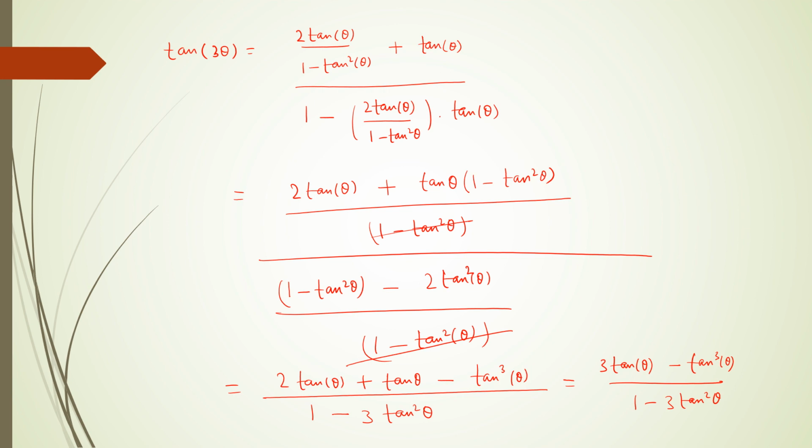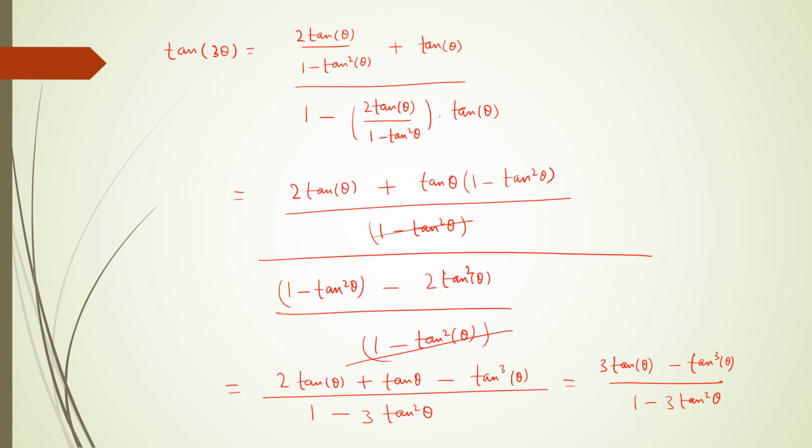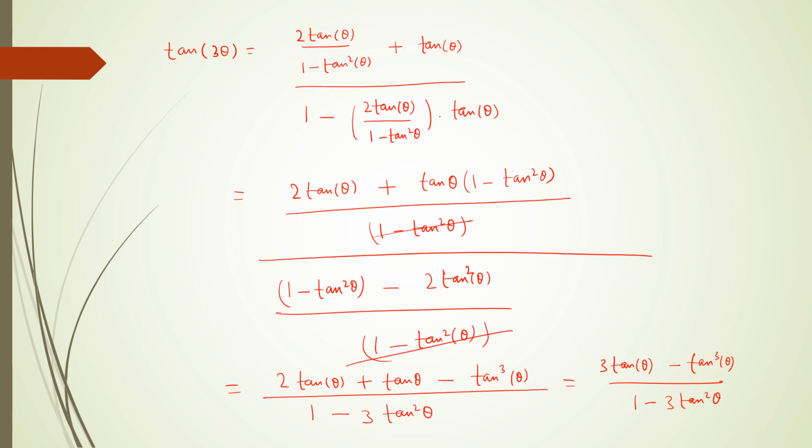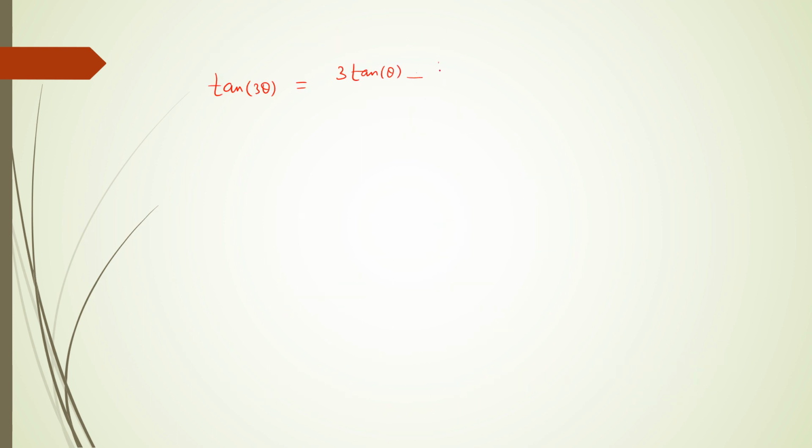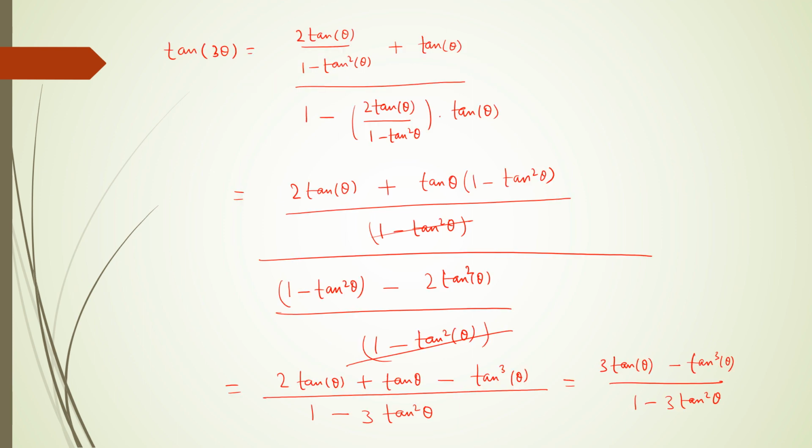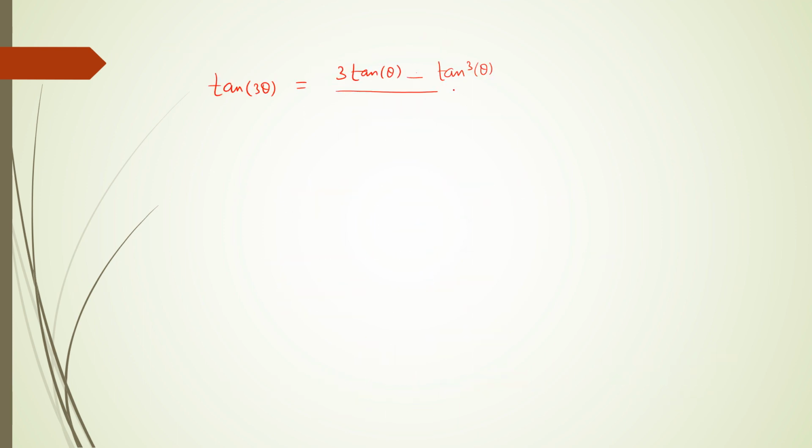So we will write this formula again as tan of 3 theta is equal to 3 tan theta minus tan cube theta, divided by 1 minus 3 tan square theta.